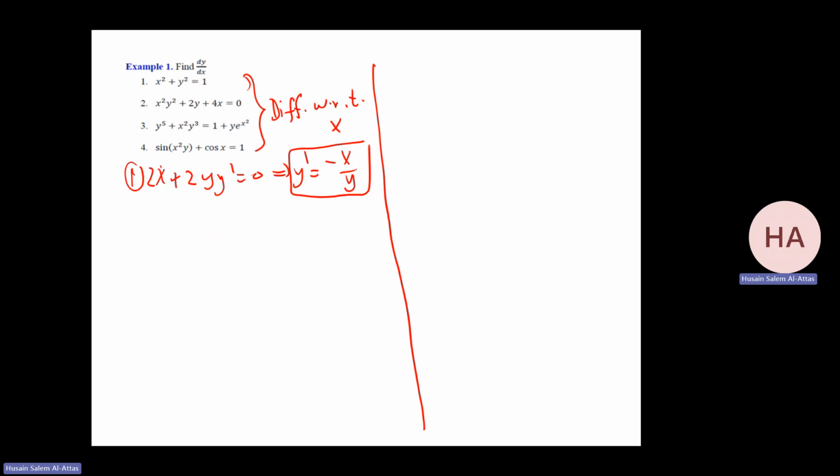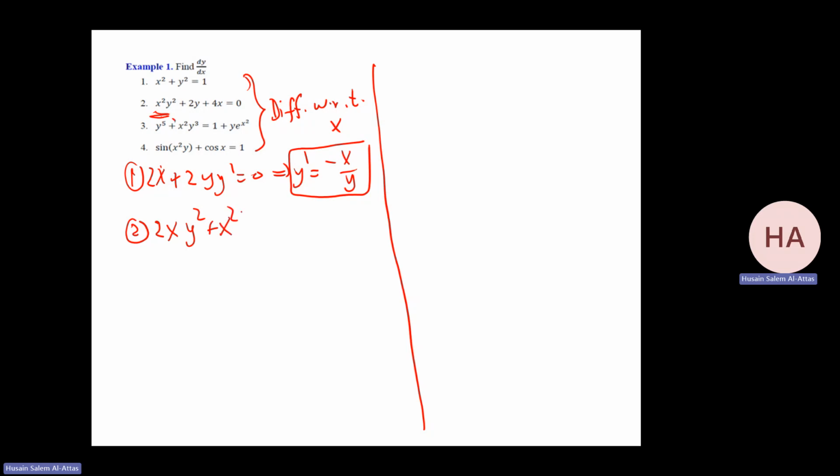Second one, you need to be careful in the calculation. I have a product of two functions, x squared times y squared. So we'll do the product rule. But when I differentiate y, I need y prime. So what's the derivative of the first? 2x times the second plus the first times the derivative of the second.